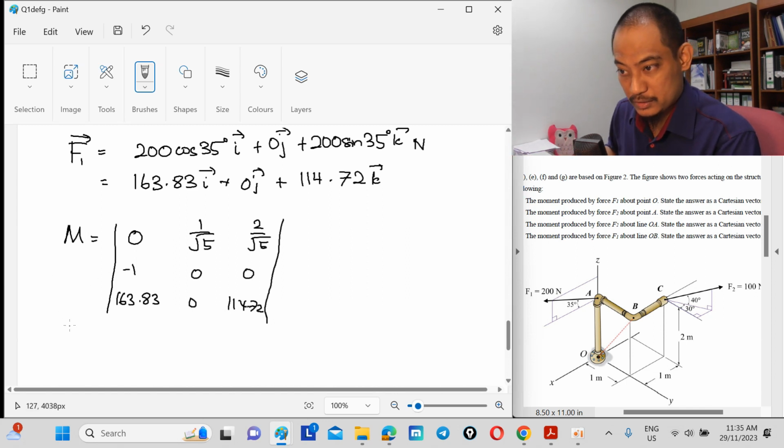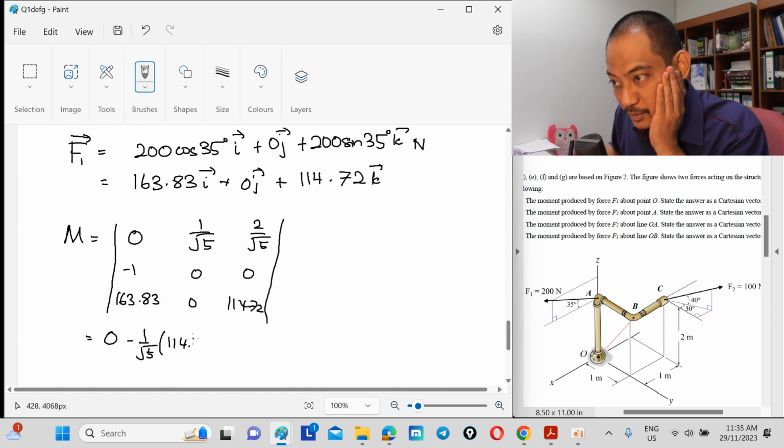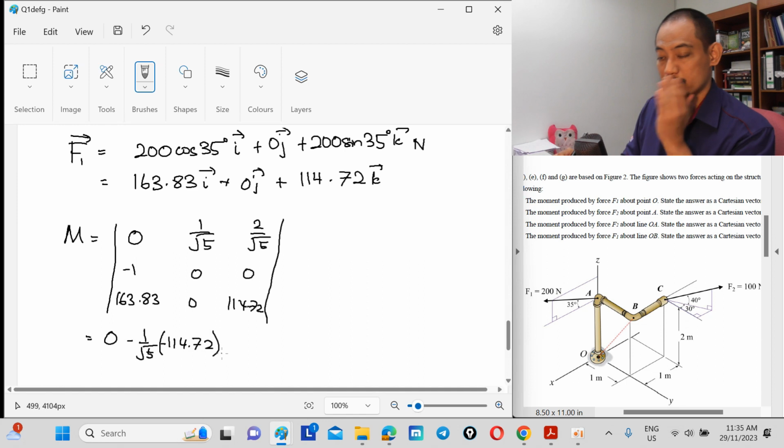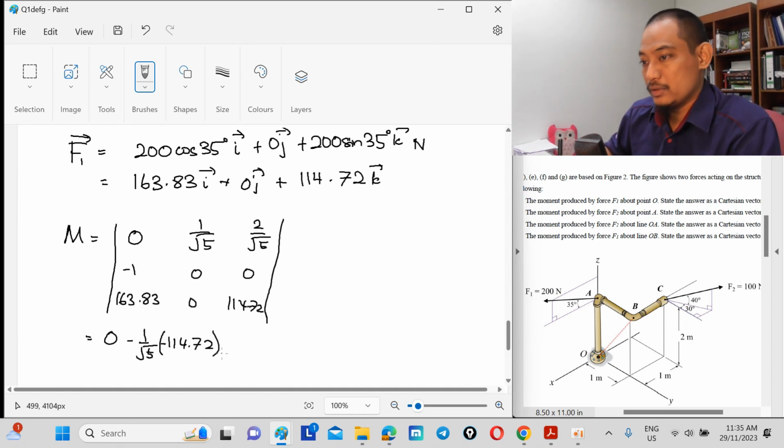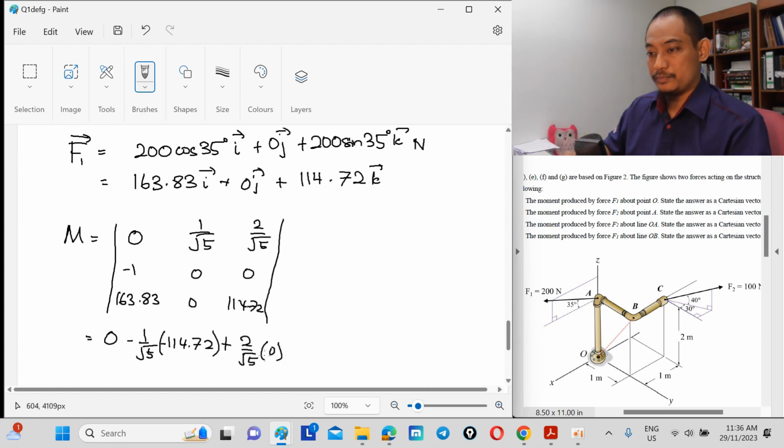So in this case, it is 0 minus 1 over square root of 5 times 114.72, plus 2 over square root of 5 times 0, because it is 0, 0.